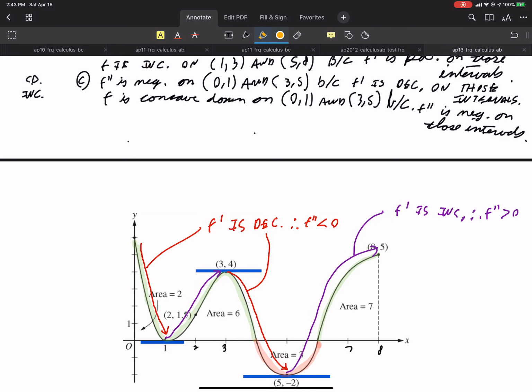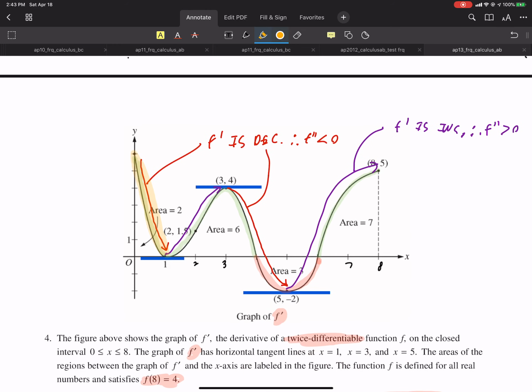So this is a bueno region. And then we have to look at this region. Where here are we increasing? Because we have concave down here. So only in this green region. So that's our conclusion from 0 to 1 and 3 to 4.